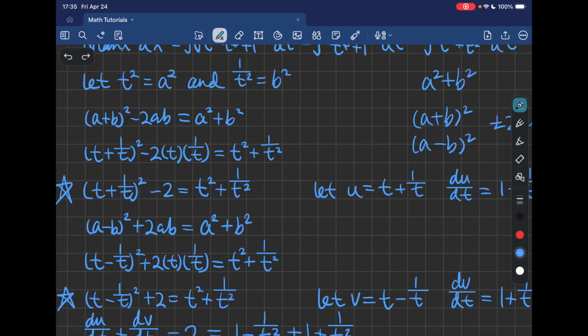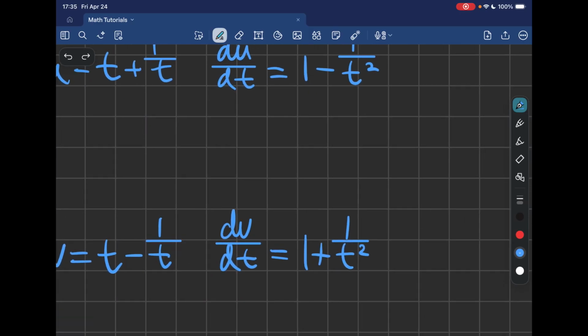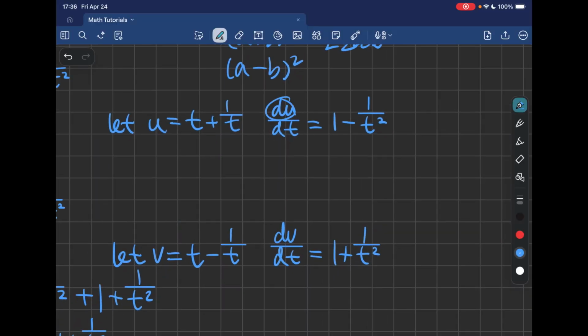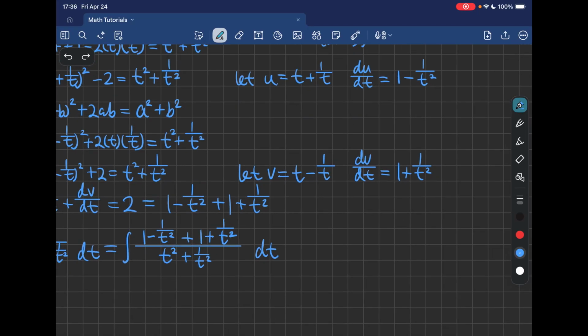And if we take the derivative of a + b or a − b, which is du over dt or dv over dt, we manage to have t in only one of these terms, and we have another substitution. So that means not only if we add up these two, we can cancel these two out, then we will have 2. So we have some kind of algebraic expression of t to represent 2 here. We also have this new substitution that later we can take advantage of.